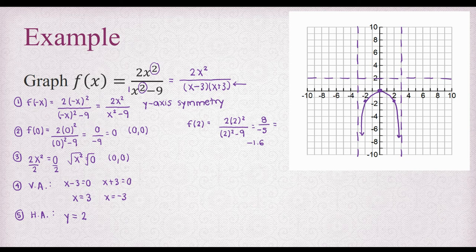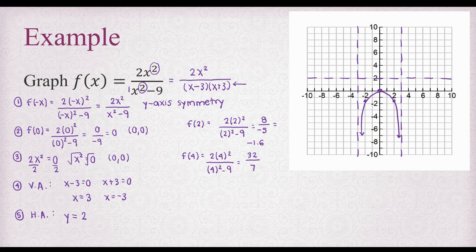So now let's look at what's happening on the right side of the x equals 3 vertical asymptote. Let's substitute in 4. We're going to have 2 times 4 squared divided by 4 squared minus 9. So 4 squared is 16. 16 times 2 is going to be 32. 16 minus 9 is going to be 7.